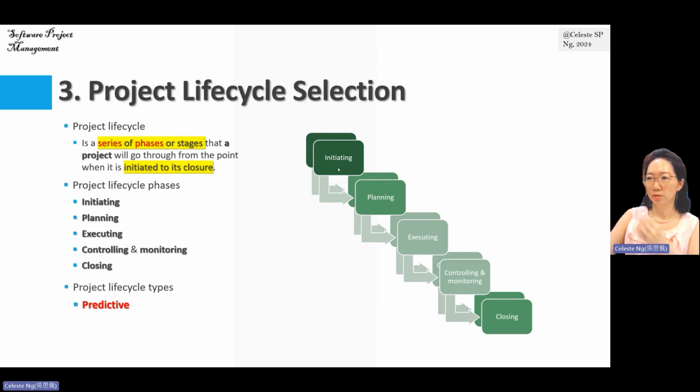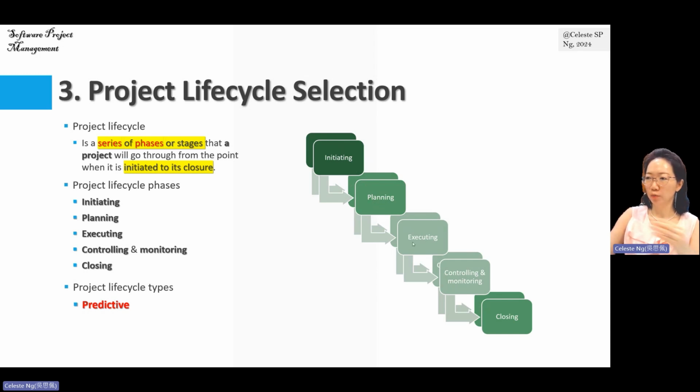When we go from the initiating phase to the planning phase, it is not encouraged for us to go back to the previous phase.